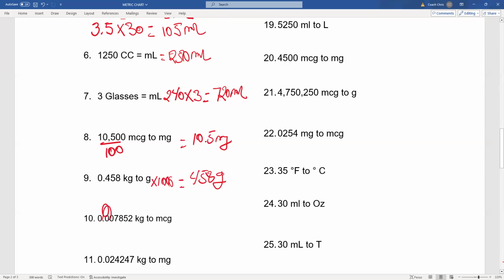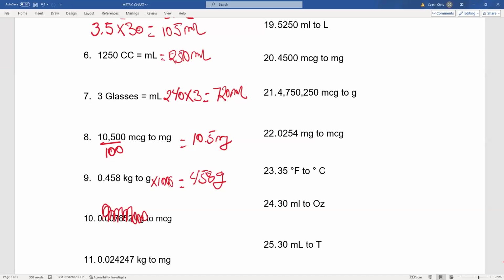So we're gonna move here 1, 2, 3, 4, 5, and 6. All right. So now we have to add 3 zeros right there. This is how you will have to do that. We're gonna have 0.007852 multiplied by 1 billion. It means 1 with 9 zeros, as we talked about that. All right.